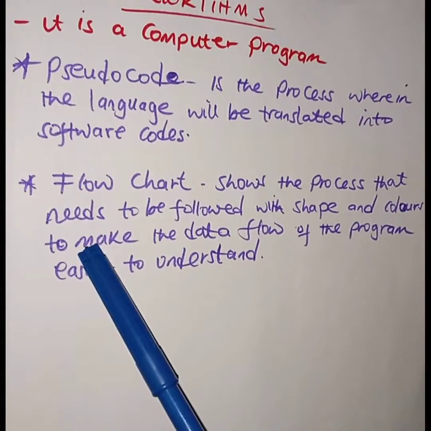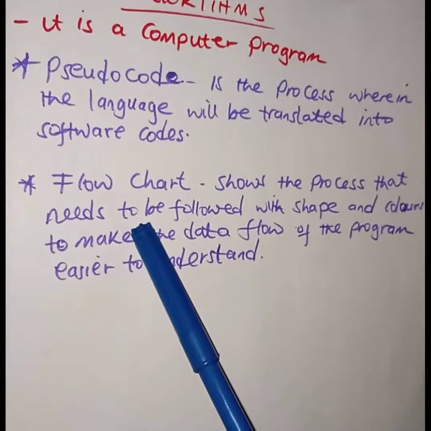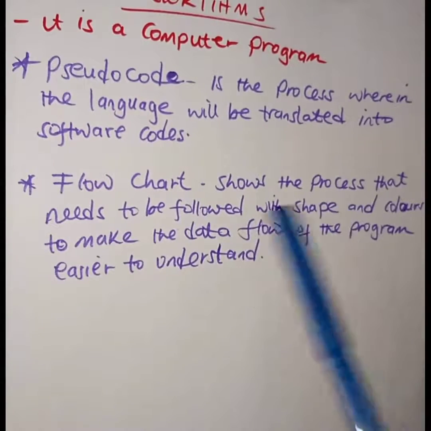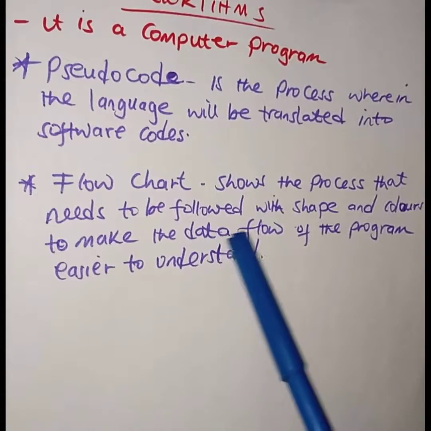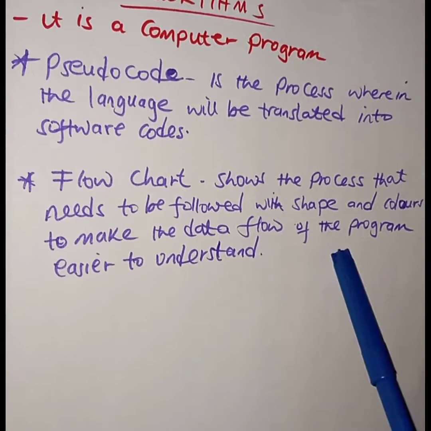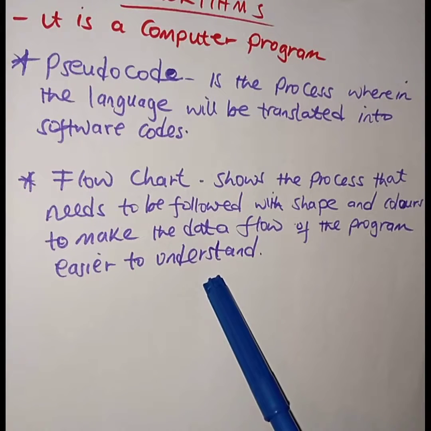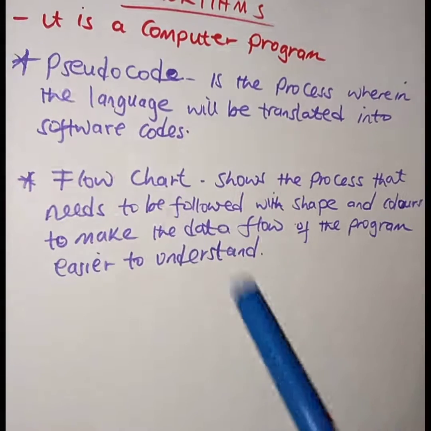Flowchart shows the process that needs to be followed with shape and colors to make the data flow of the program easier to understand. So we have to know the difference.